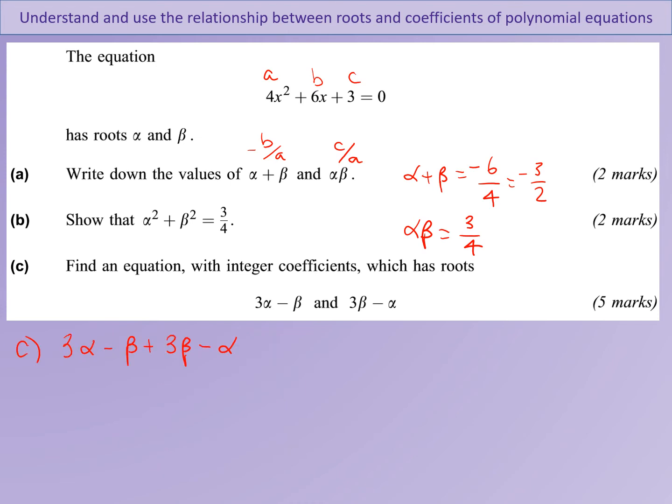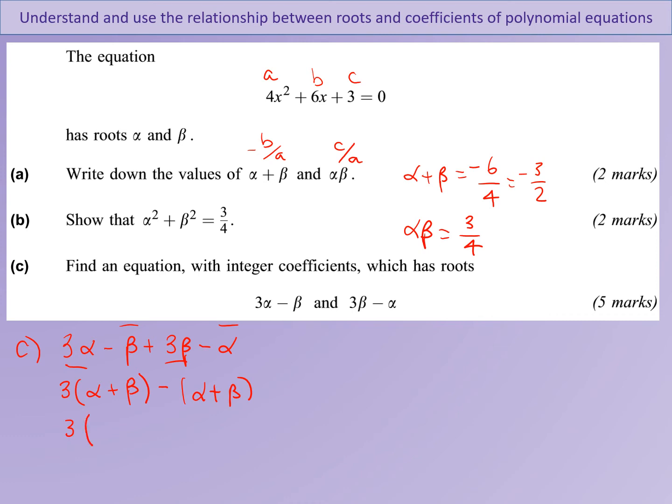And part C, so we need to work out the product of these roots and the sum of these roots. So starting with the sum there, if I gather together these two terms and take out a factor of 3, that gives me 3 lots of alpha plus beta. And the second lot of terms, if I factorise out the minus 1, that gives me another alpha plus beta.